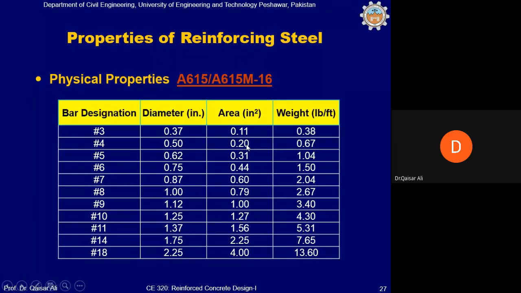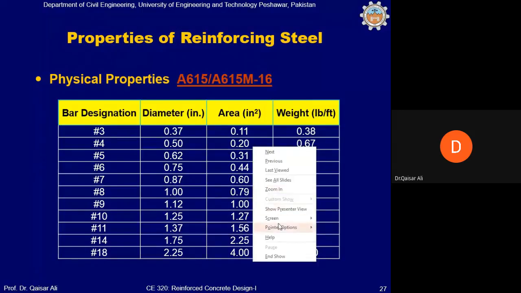How is the area calculated? Pi by 4 d square. Pi by 4 into 0.5 whole square will give you 0.2 square inch. You can do this easily. If you calculate this, pi divided by 4 d square. You know pi is 22 by 7.